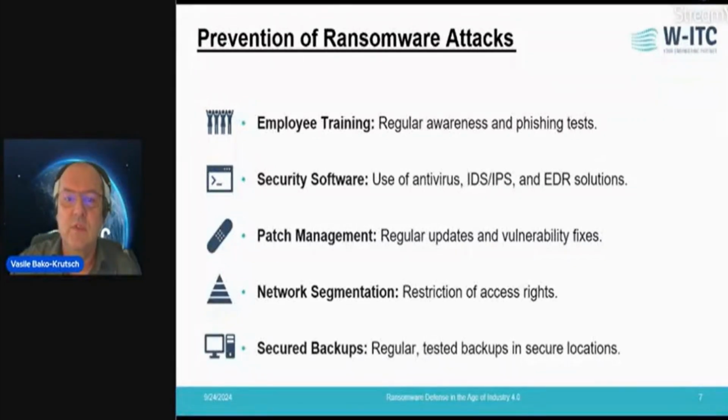Advanced security solutions can also be firewalls, intrusion detection systems, and endpoint detection and response systems. These are systems that can detect and block suspicious activities before they cause any harm, in real time.